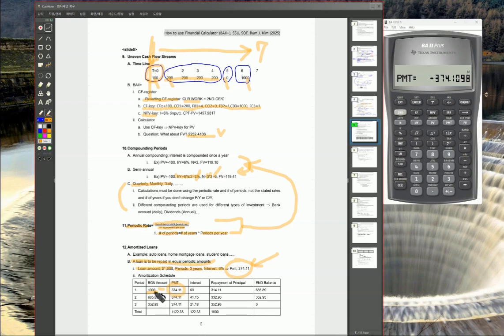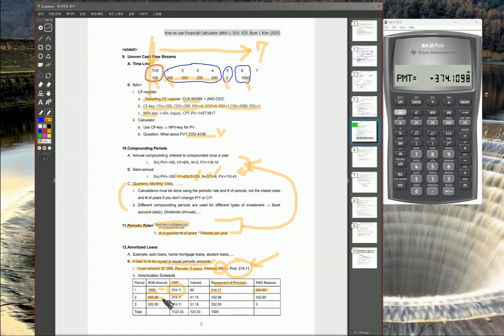Out of 1,000, you only pay interest of $60. Why? Because interest is 6%. So out of 374, $60 is interest payment, and the remaining 314.11 is repayment of principal. Since the repayment of principal for the first payment is 314, you still have $685.89 as a balance. Okay, the ending balance of the first year becomes the beginning balance of the second year.